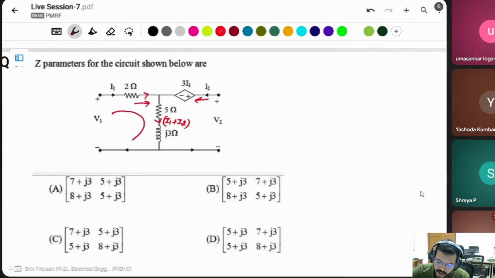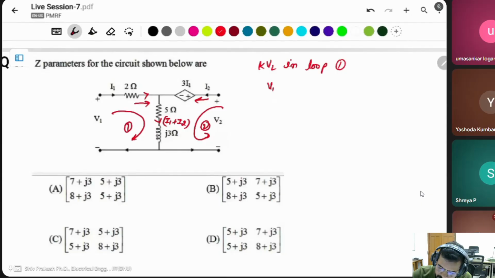Simply apply KVL in this loop. KVL in loop 1. V1 is equal to 2 I1 plus (5 plus j3)(I1 plus I2).